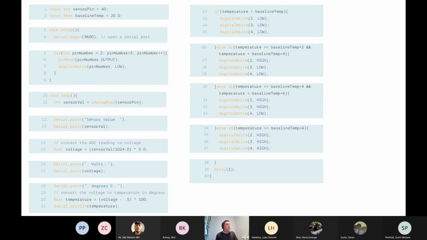So you can use an Arduino to record data, and most of what's happening within the loop is calculating the temperature, doing some conversion from voltage to degrees based on what we know about the temperature sensor. And then the whole of the right hand side of this page is the same kind of stuff we saw before, changing what happens to the LEDs depending on certain conditions for the temperature.